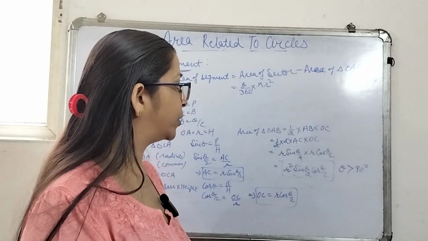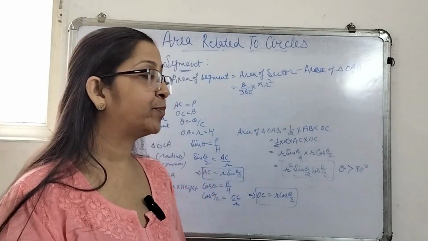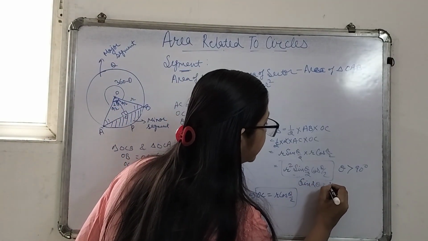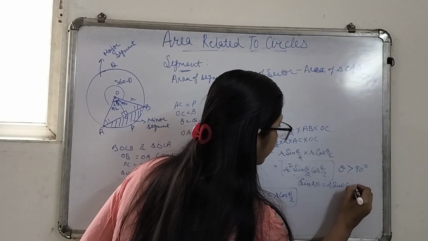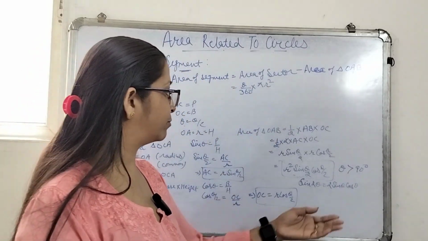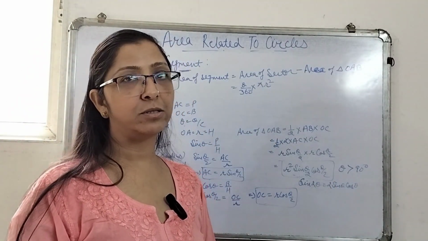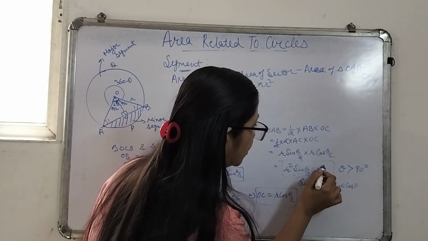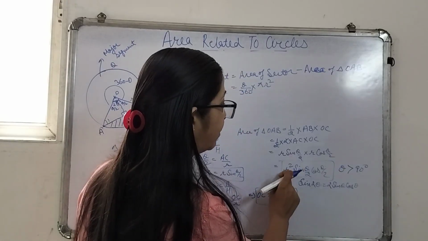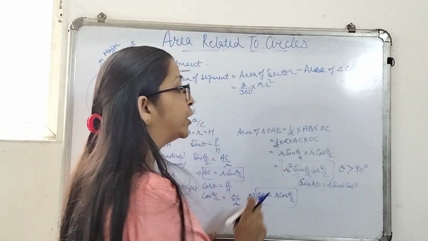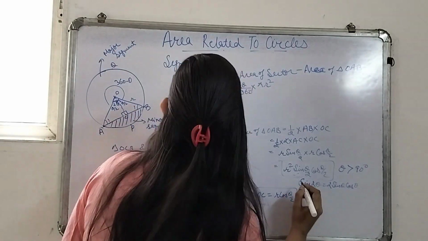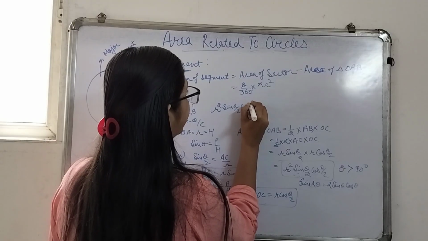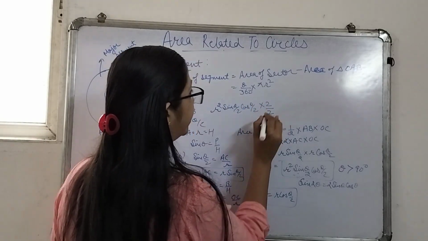Now, what will we do if the angle is less than 90 degrees? In class 11th, you will come to know that sine 2 theta is 2 sine theta cos theta. Not up to 10th, but in class 11th. Now see over here, if I multiply and divide this formula by 2, it becomes R square sine theta by 2 cos theta by 2 multiplied by 2 divided by 2.